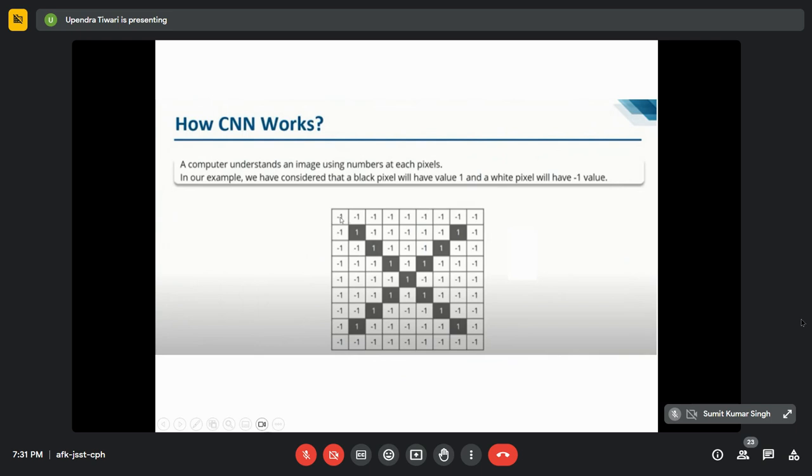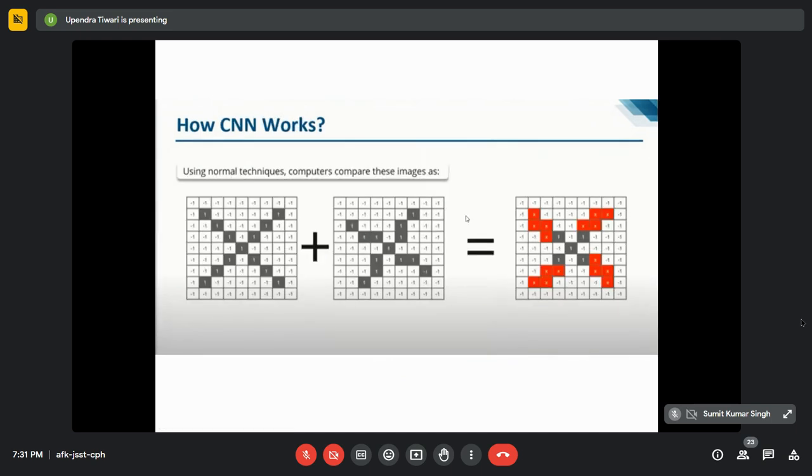And you see this is a 9 by 9 pixel image. So whenever we apply a normal technique, what will happen? Say this is the image on which you have trained, and this is the input image. When you do comparison, your model will consider the resultant image, and that will easily be considered as X.